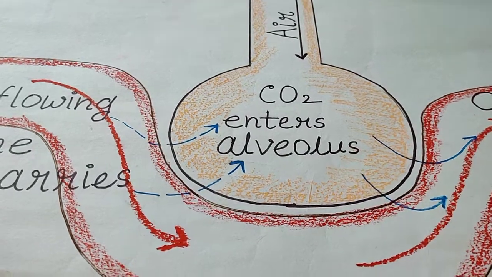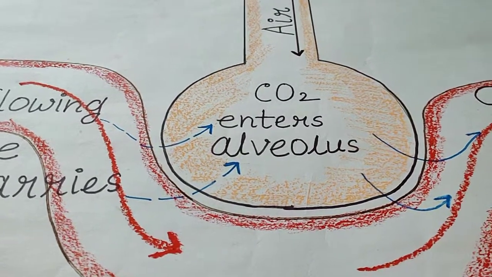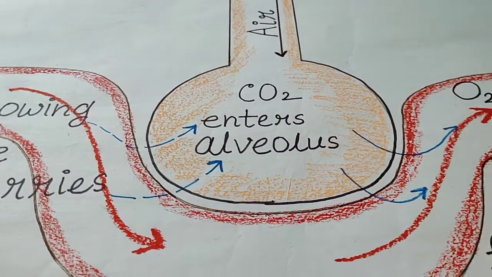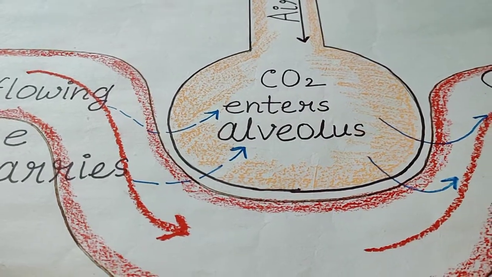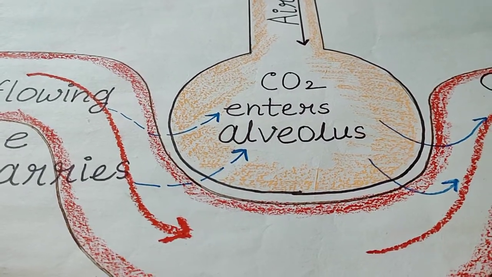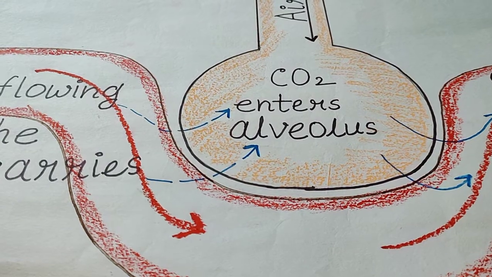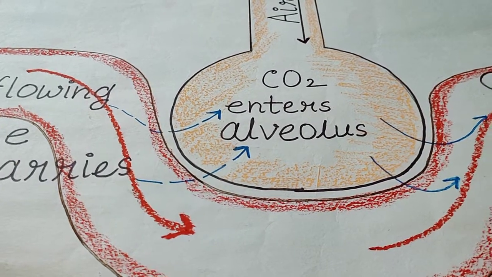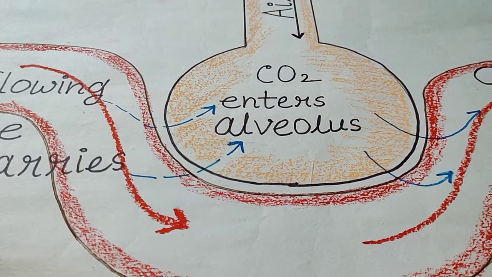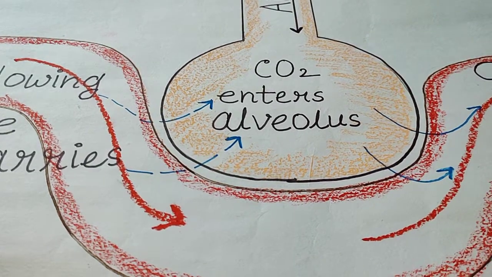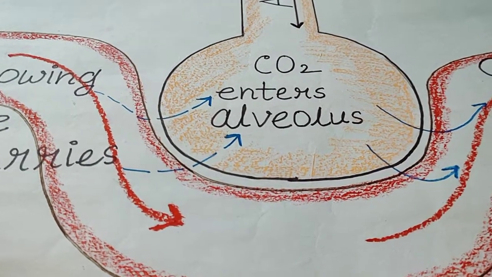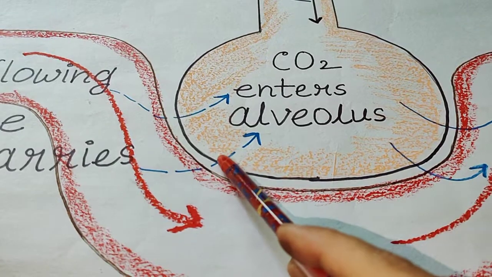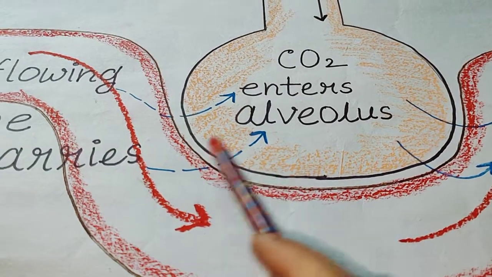Carbon dioxide gas is produced as a waste product during respiration in the cells of the body. This carbon dioxide diffuses into blood because of its higher concentration in the tissue. Blood carries the carbon dioxide back to the lungs where it diffuses into alveoli.